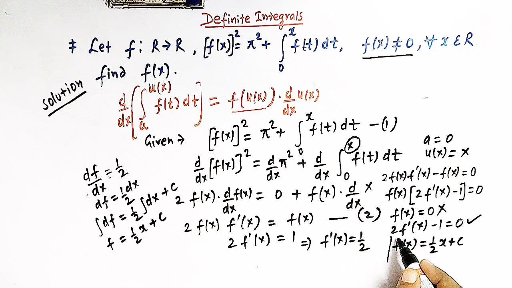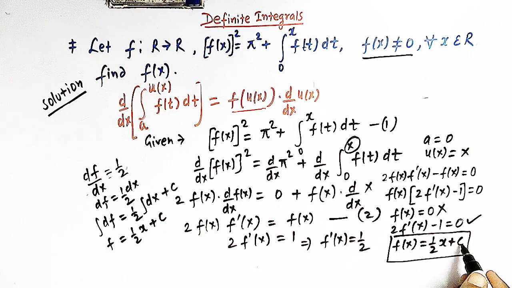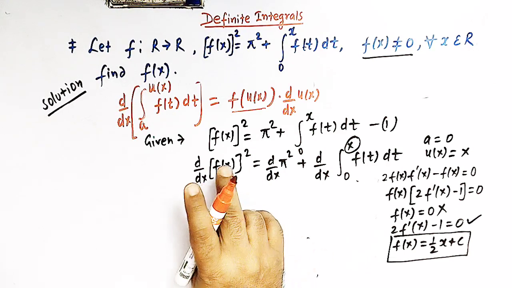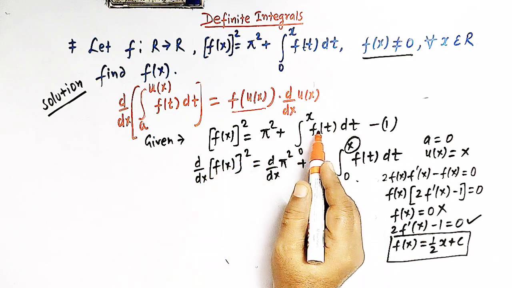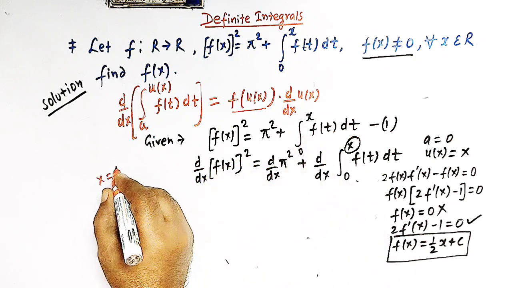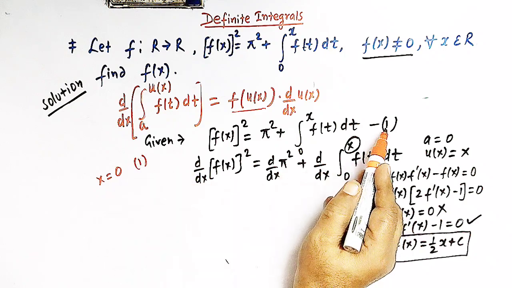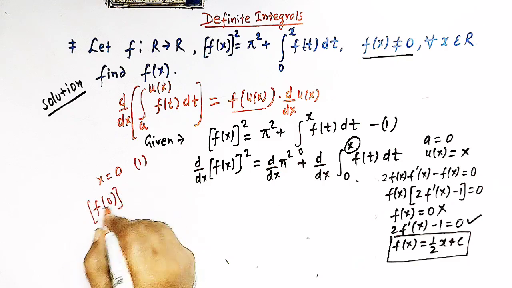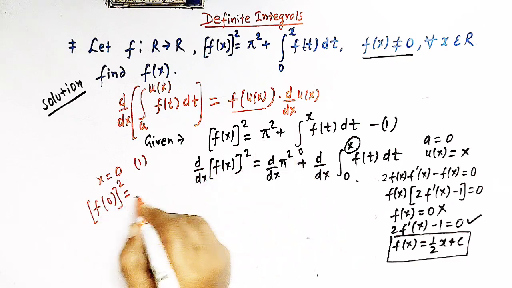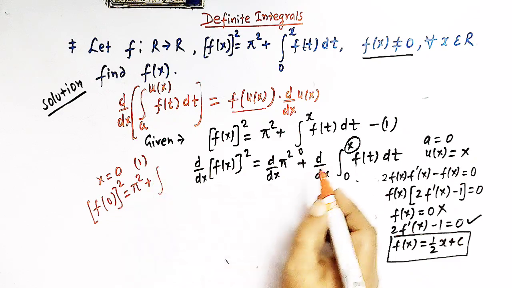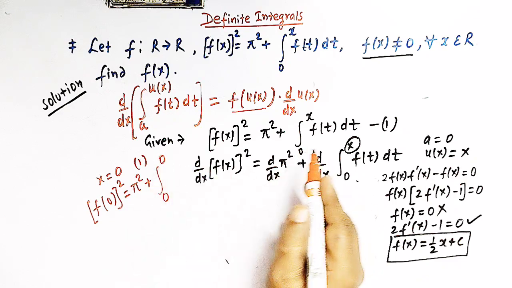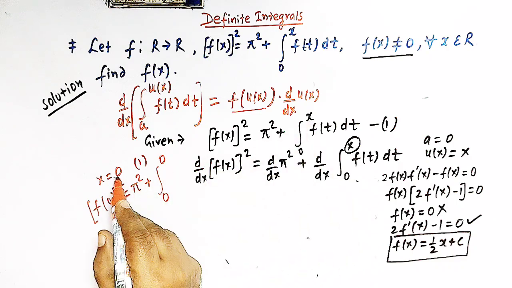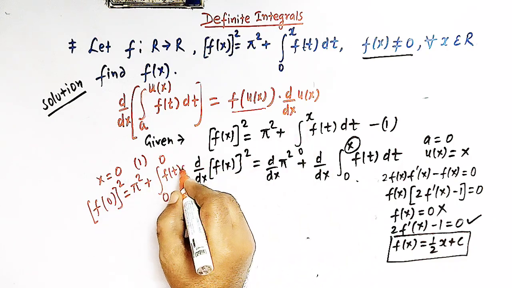And now we need to find out the value of this constant of integration c by using some boundary condition. So to get the boundary condition, let us substitute x is equal to 0 in equation number 1. So we'll have here f of 0 whole square, and here we have simply pi square, and here we have the integral from 0 to 0 of f of t dt.